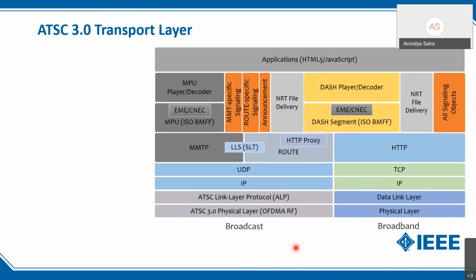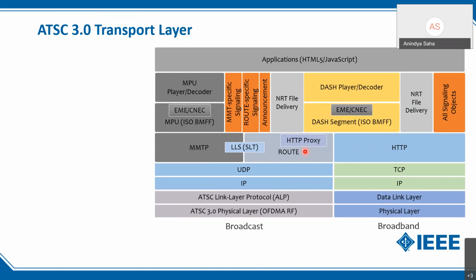From day one, the intention was that it has to cater to a hybrid system. If you look at the application layer protocols, on the broadcast side you have MMTP and ROUTE. And ROUTE uses the DASH protocol, which is similar to what HTTP uses.